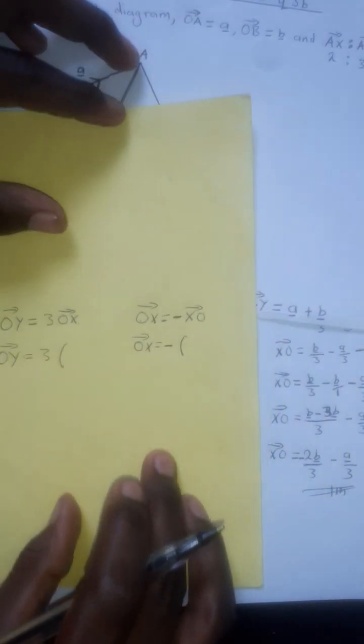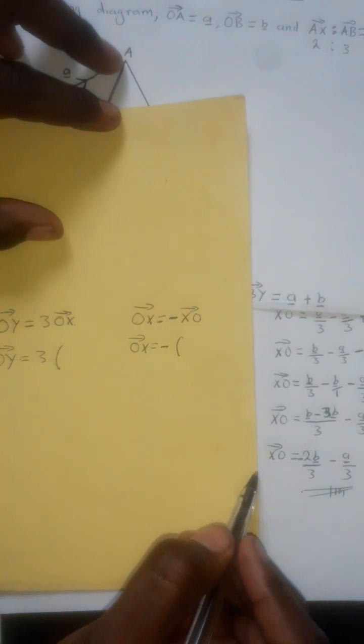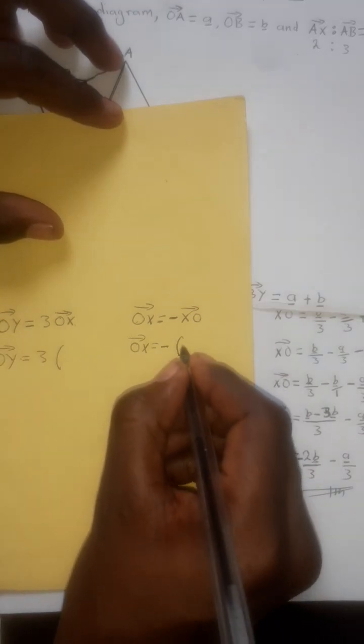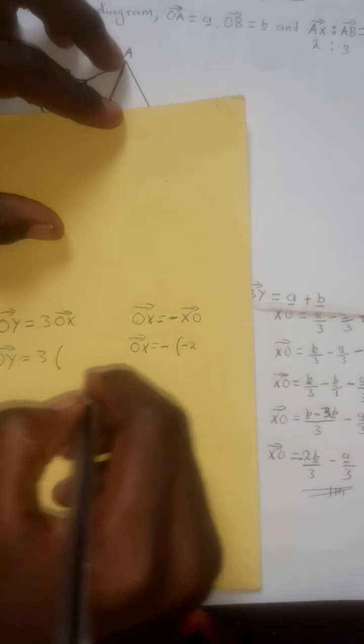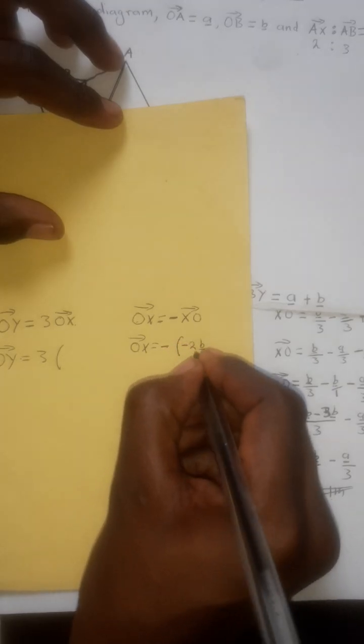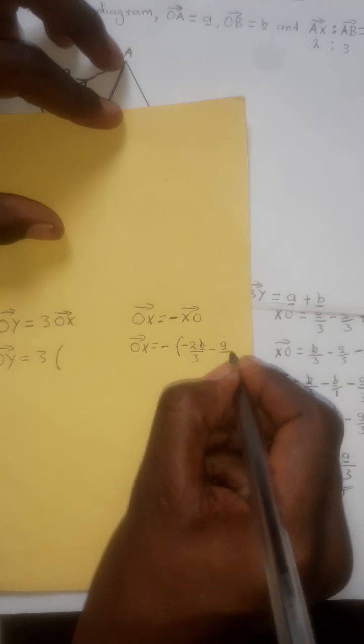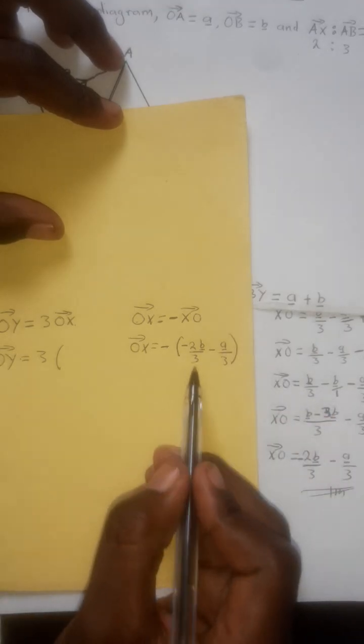We found XO in question C. We said that XO was negative 2 vector B over 3, then negative vector A over 3. This was our XO.